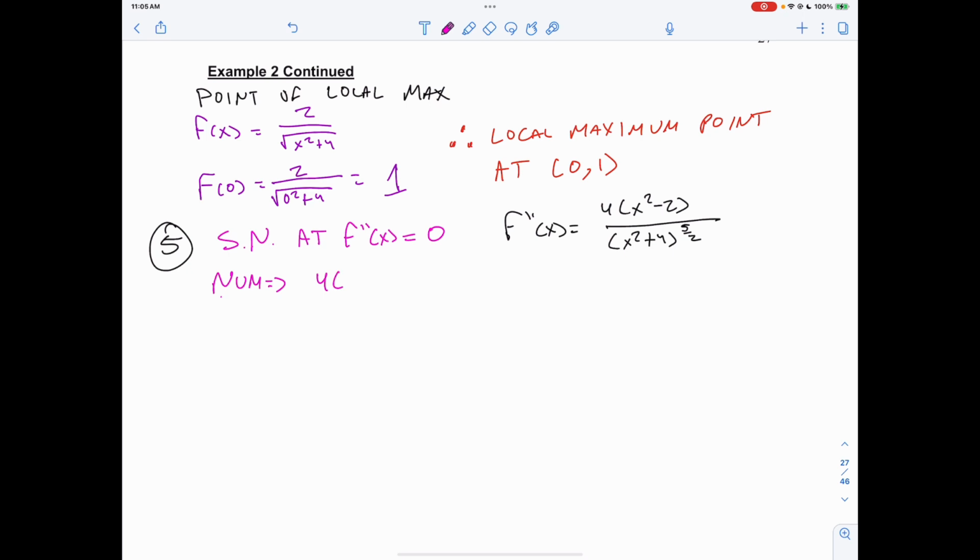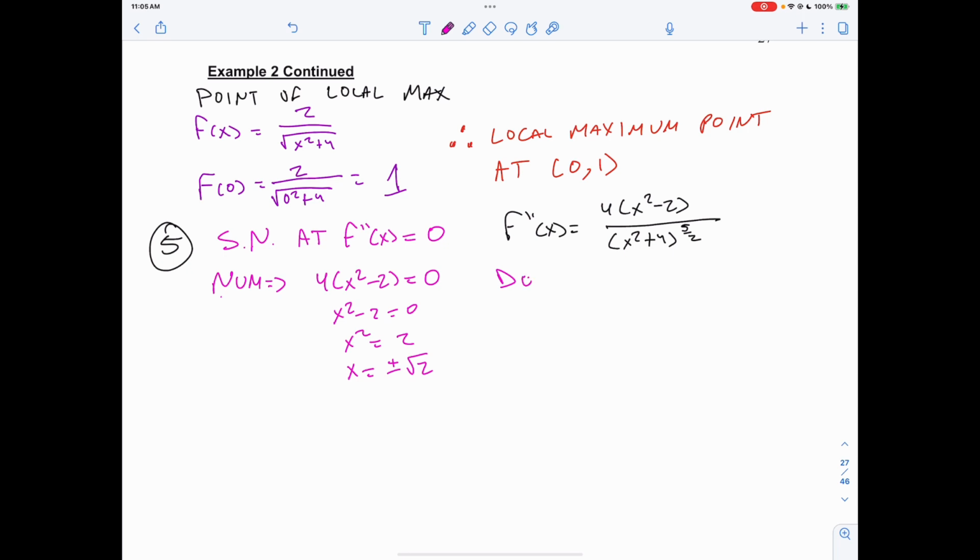So I'm going to do my numerator when 4x squared minus 2 is equal to 0. Then x squared would equal 1/2... x squared minus 2 would equal 0, x squared would equal 2, and x is going to equal positive or negative root 2.